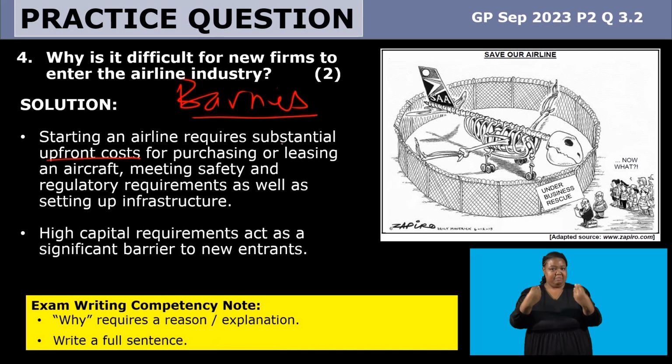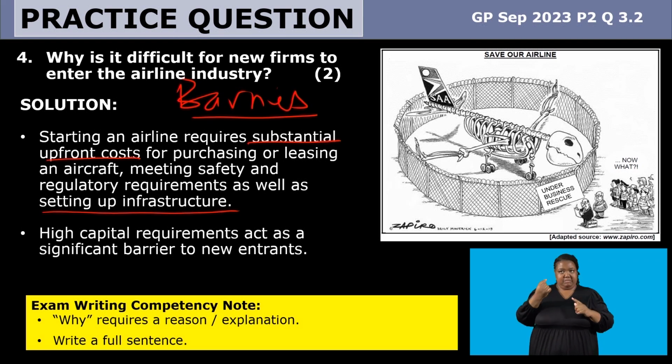So the startup capital itself is a barrier, for purchasing or leasing an aircraft, meeting safety and regulatory requirements, as well as setting up infrastructure. So the fact that a lot of money is needed upfront automatically becomes a barrier to entering into this market. High capital requirements act as a significant barrier to new entrants.